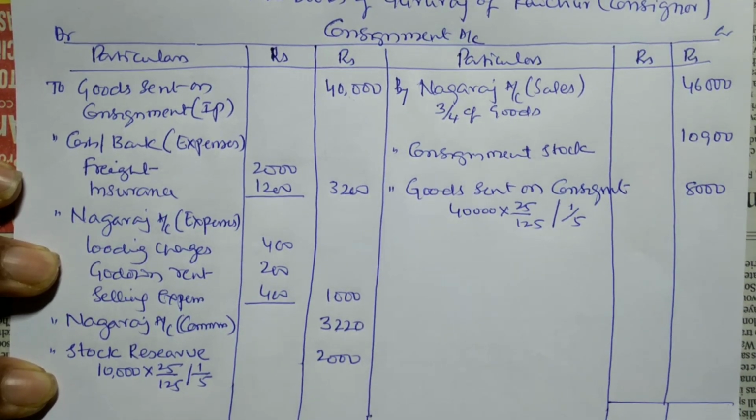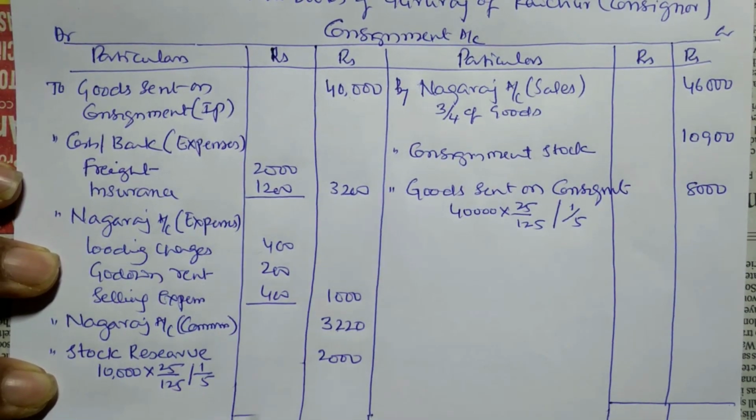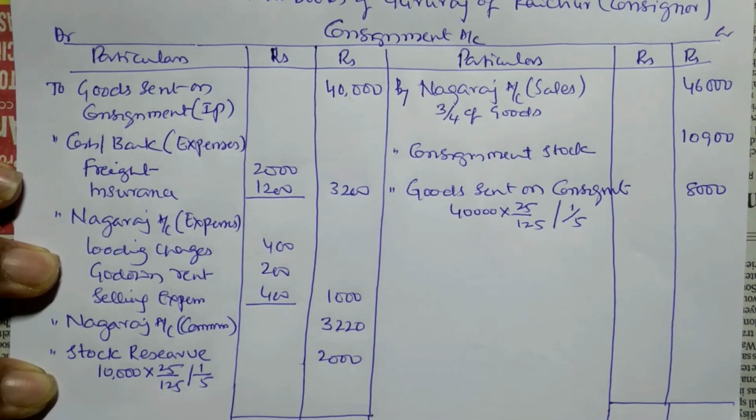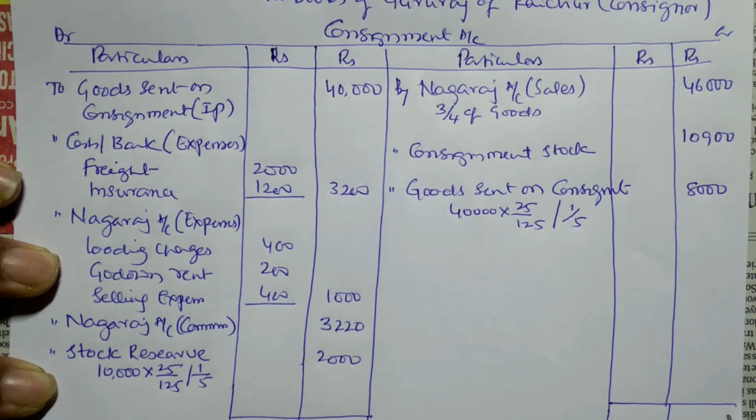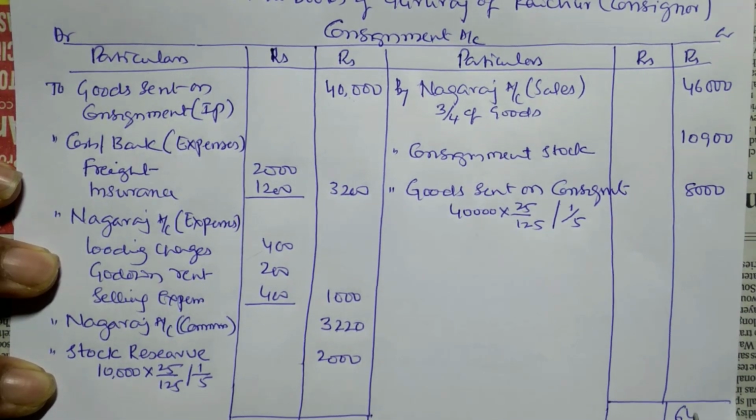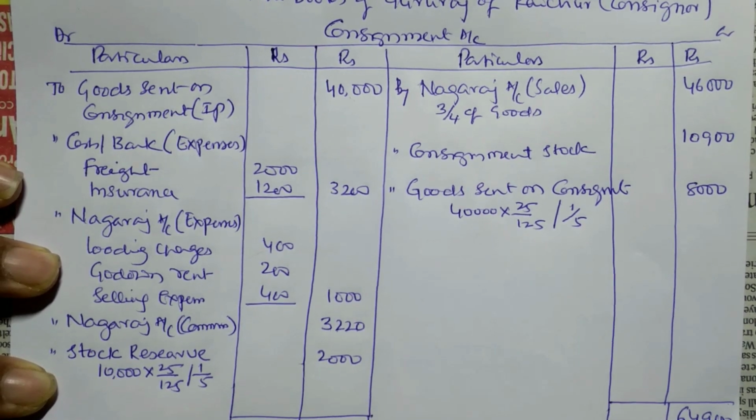I'll total this. The total amount is 64,900. Same amount I should write here, 64,900.